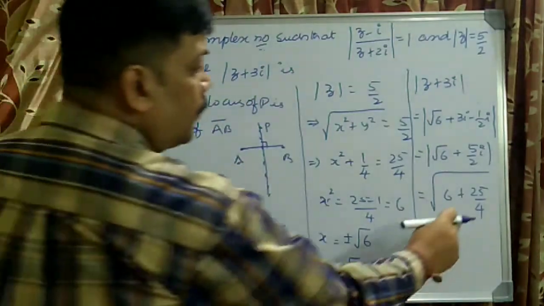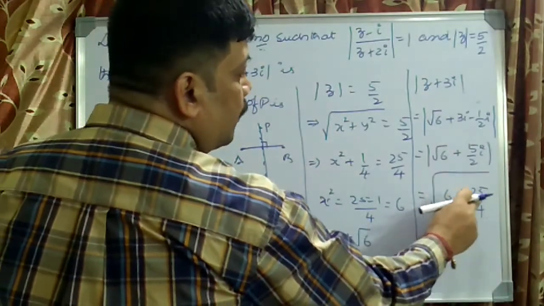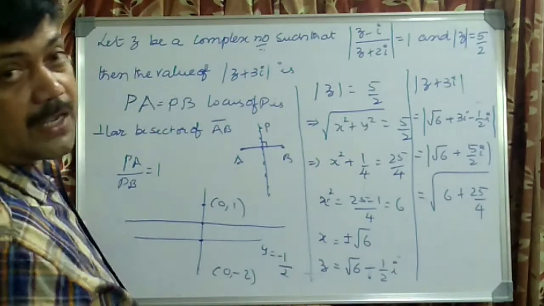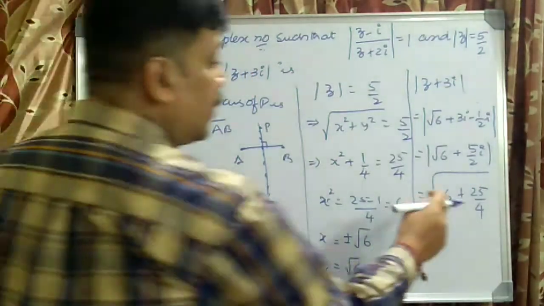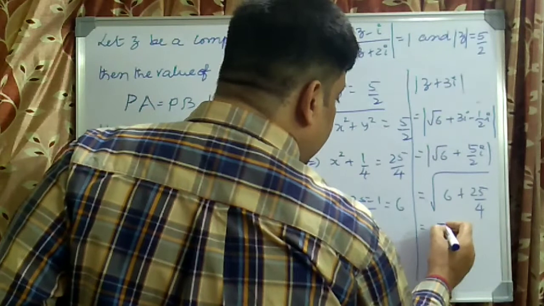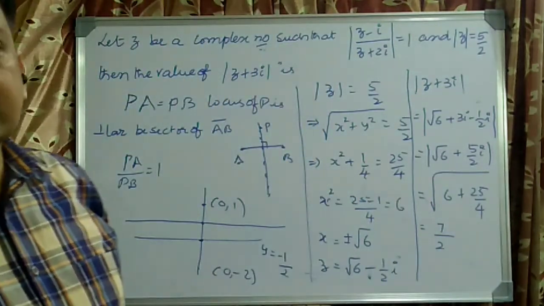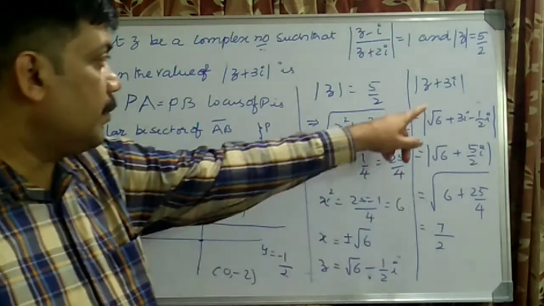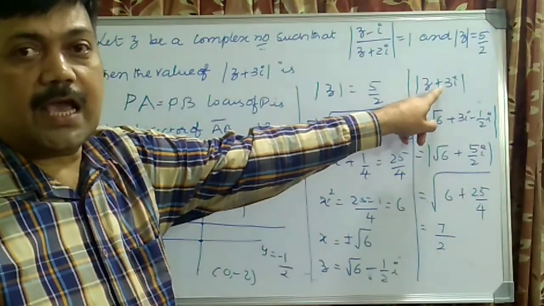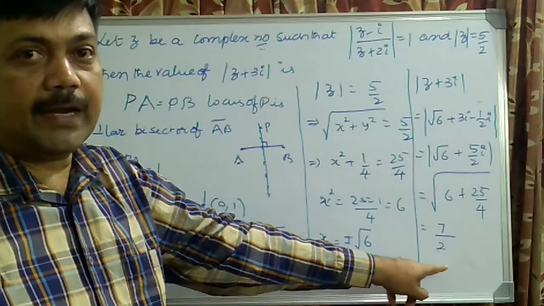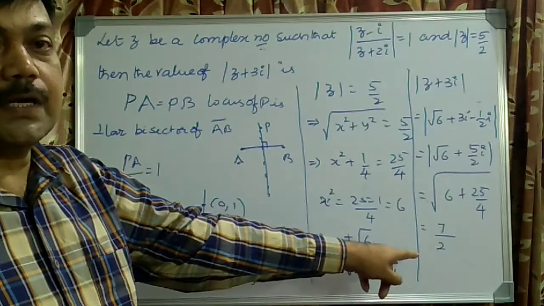Right? Now 4 sixes are 24, 24 plus 25 is 49. 49 by 4, which with the root gives you the outcome as 7 by 2. So the modulus of z plus 3i is 7 by 2. So we have this in option D.